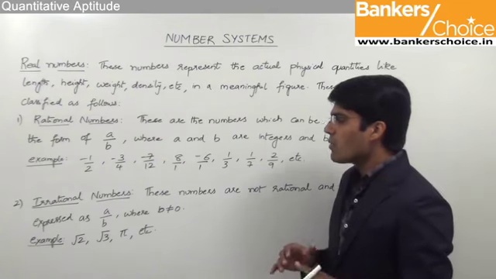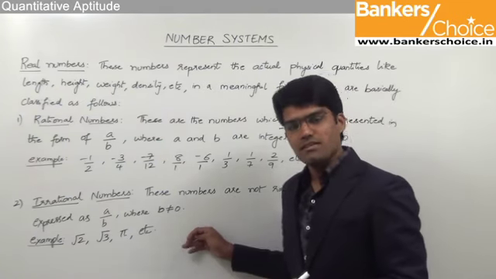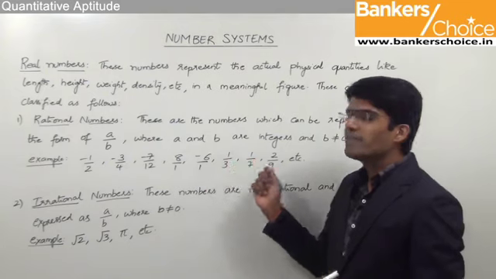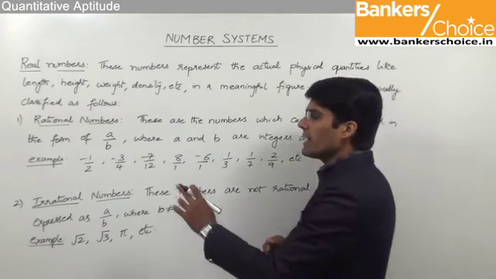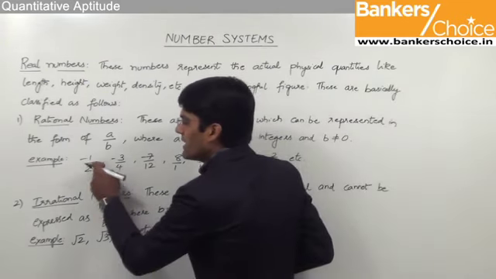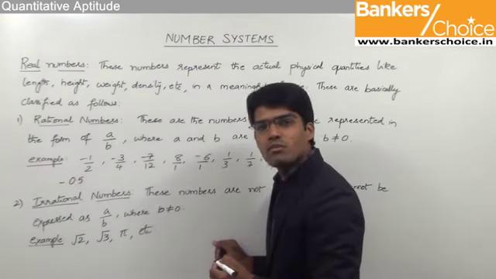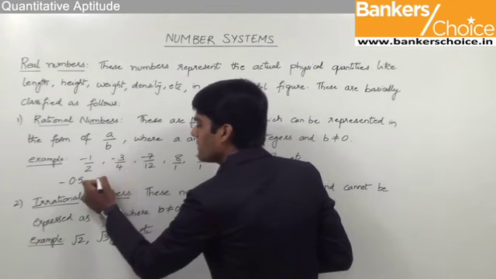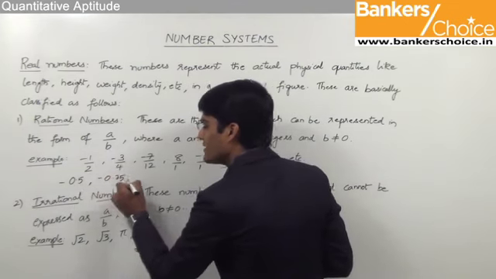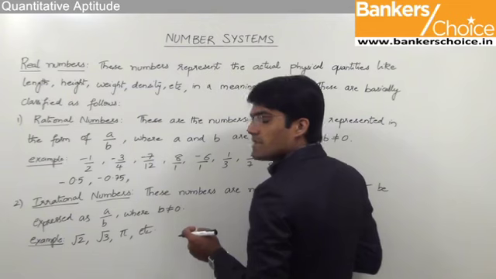Let us understand what is the actual difference between rational and irrational numbers with the help of these examples. Now if you look at these fractions, 1 by 2 can be taken as 0.5 or minus 1 by 2 can be taken as minus 0.5. Similarly, minus 3 by 4 is minus 0.75.